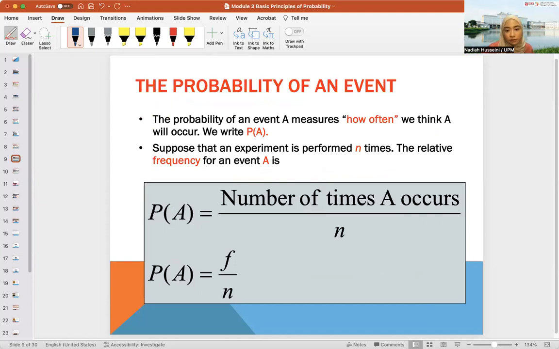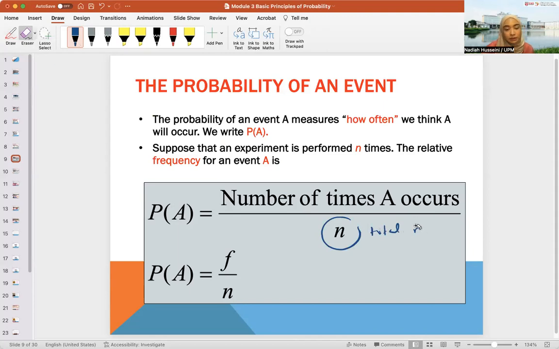Okay, so probability of an event. The probability of an event A measures how often we think A will occur. I told you about this earlier. So we write this as P(A). Suppose that an experiment is performed n times. The relative frequency for an event A is the number of times A occurs over the total data that you record.